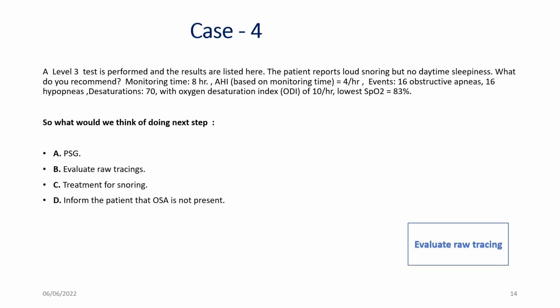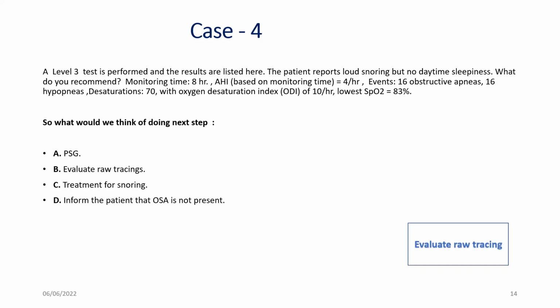And that's why I told you previously in the first 2 slides that when we are looking at a level 3 study, we should not give the report directly to the patient. We should look for the raw tracings. Basically, you want to say here comes the importance of manual scoring rather than an auto-scored report, right? Obviously manual scoring is important.